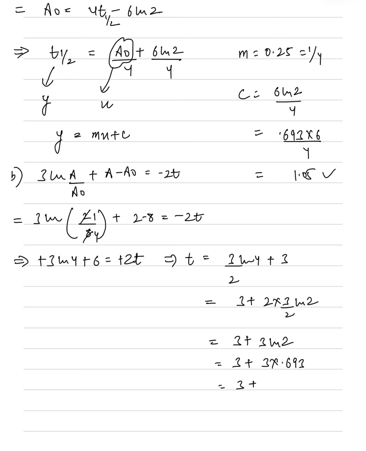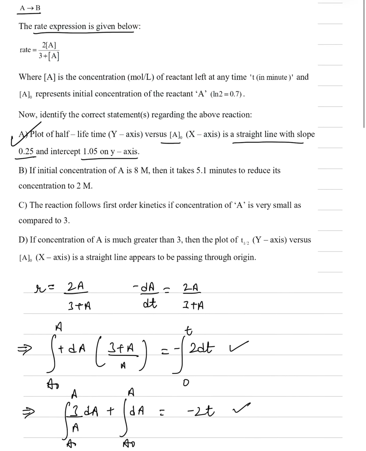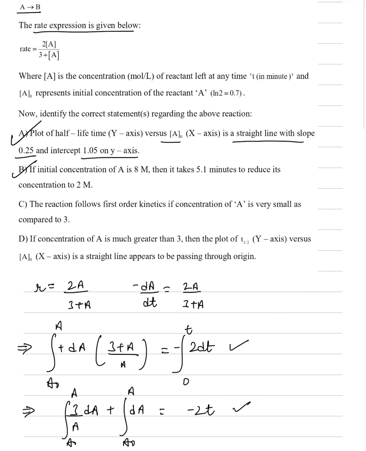On further solving it, it will come out like this, right? So it will come out to be how much? 5.1 approximately. That means the time is actually 5.1 minutes as given in option B. That means option B is also correct.